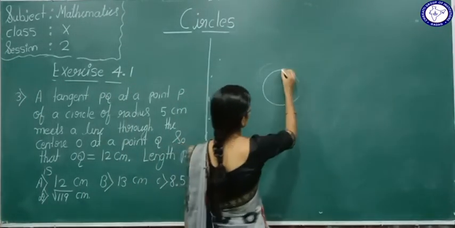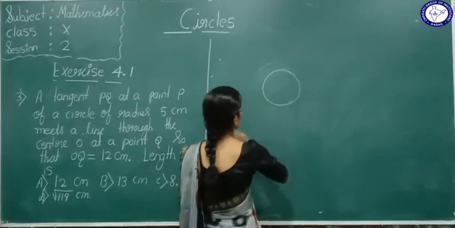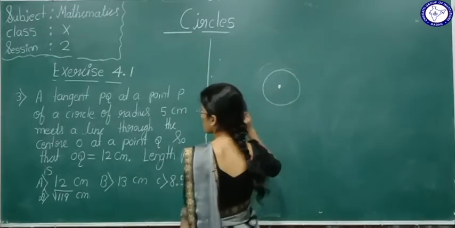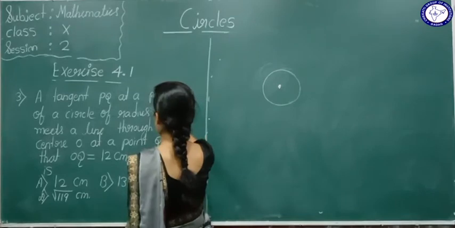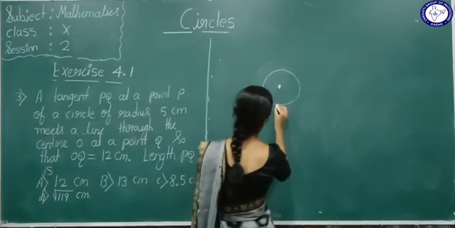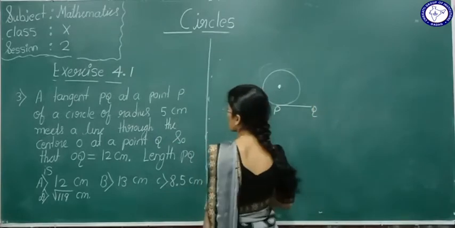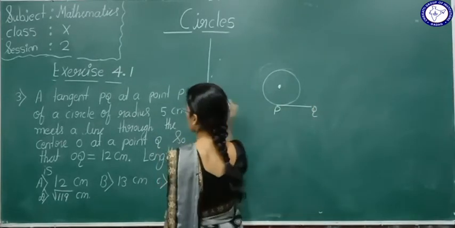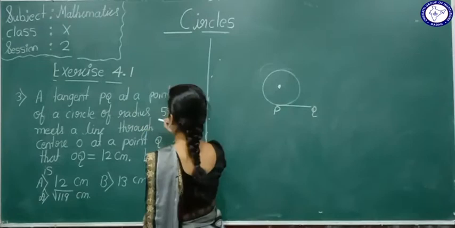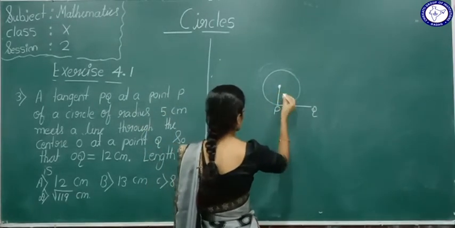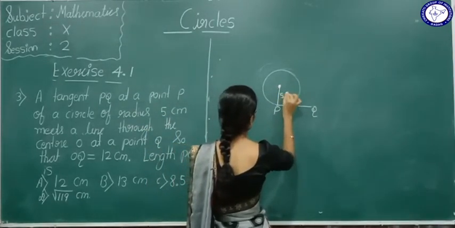See here, one circle is there. A tangent PQ at a point P of a circle. Here one tangent is there, that is PQ. At a point P, of a circle of radius 5 centimeter, they have given 5 centimeter.